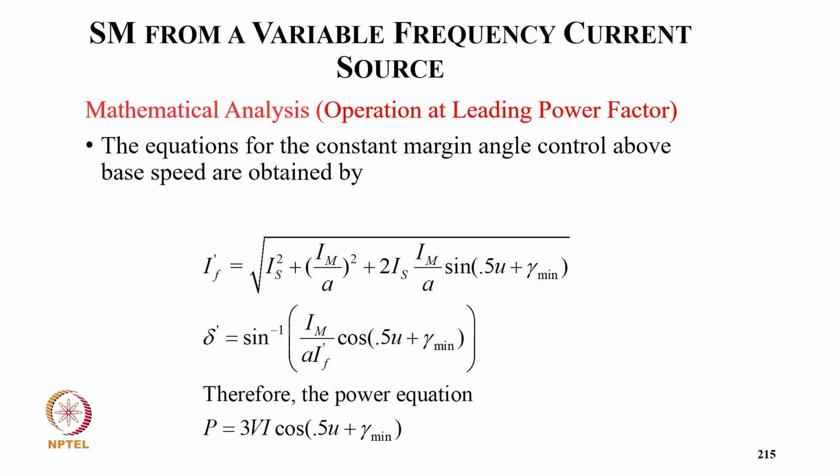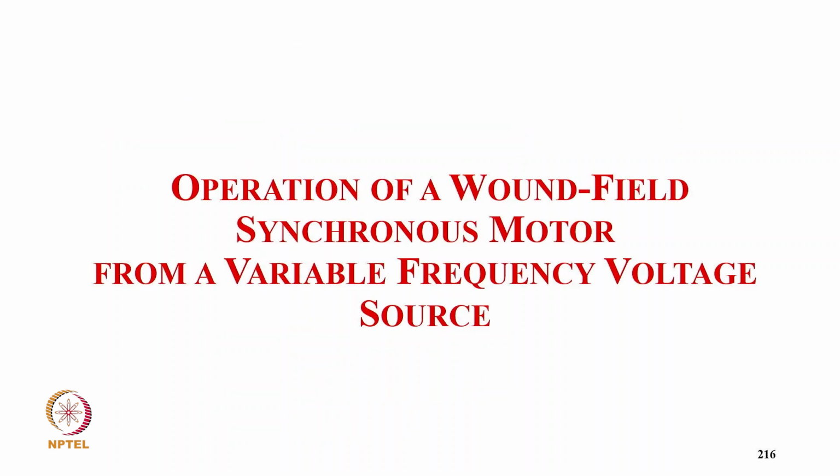The equations for constant margin angle control above base speed are: If' equals square root of Is squared plus (Im over A) squared plus 2 Is (Im over A) sin(0.5 mu plus gamma minimum), and delta' equals sin inverse of (Im over A) over If' cos(0.5 mu plus gamma minimum), and therefore the power equation is P equals 3Vi cos(0.5 mu plus gamma minimum).